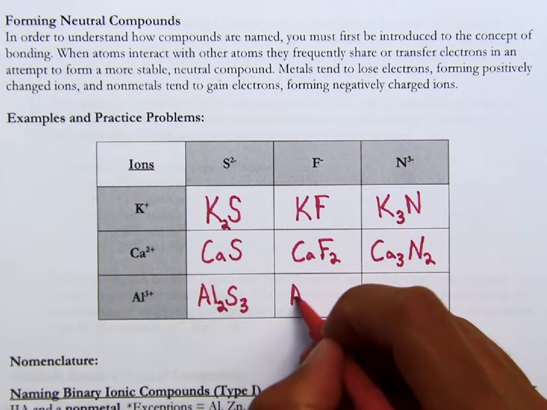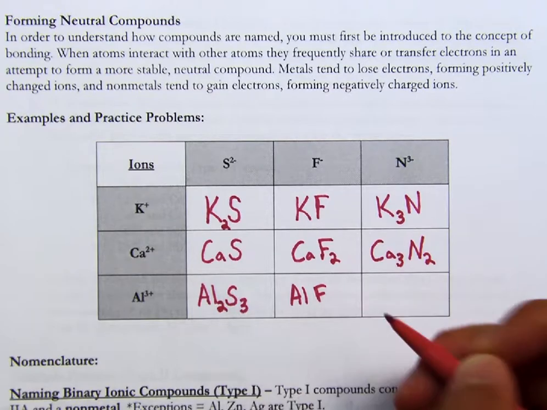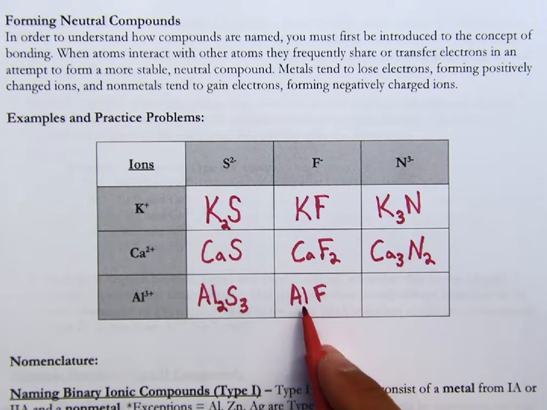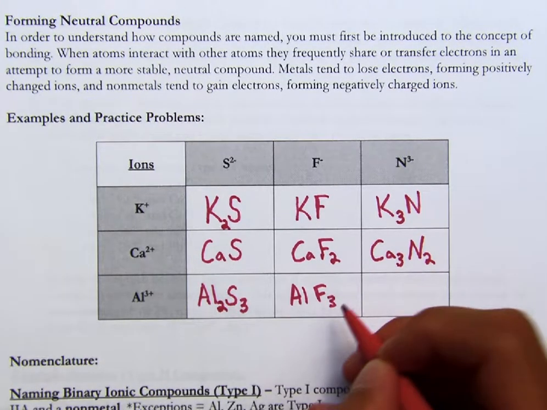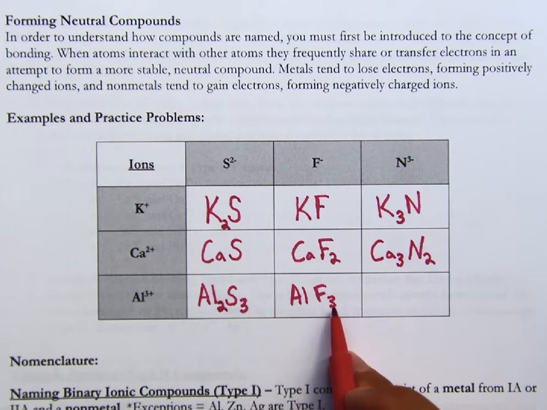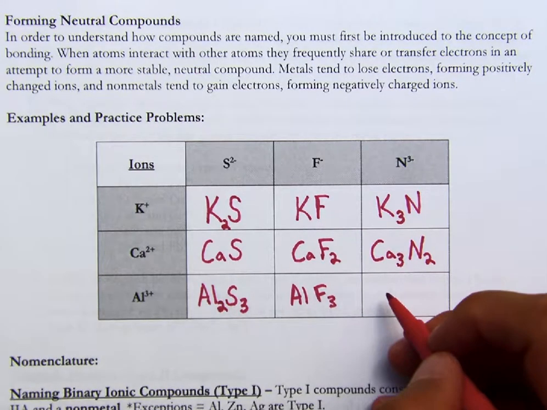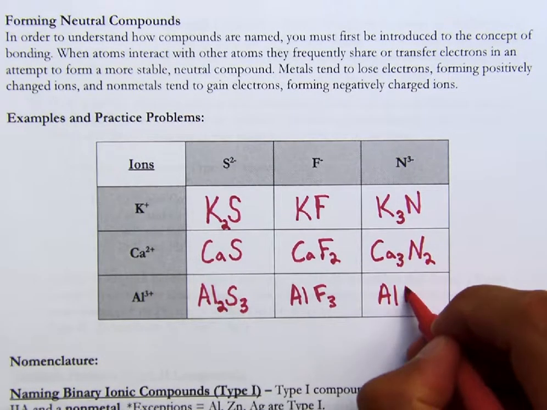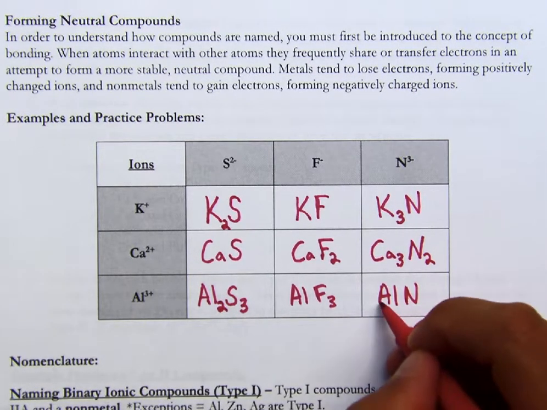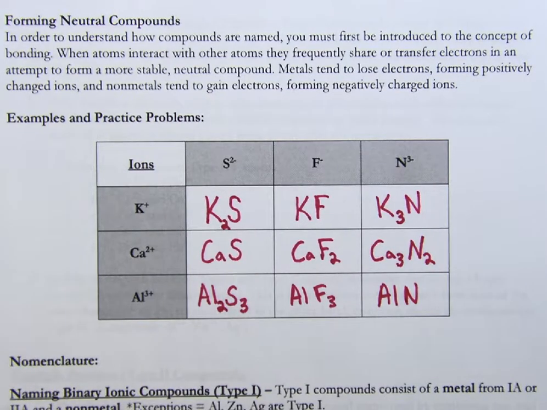This is Al, and then we have F. Aluminum's +3, fluoride is -1. +3, -1. You need 3 of these, so that you have +3, -3. And then here we have aluminum, which is +3, and nitrogen, which is -3. That is a neutral compound.